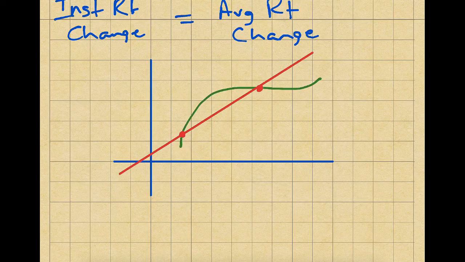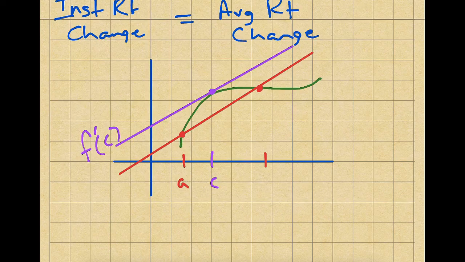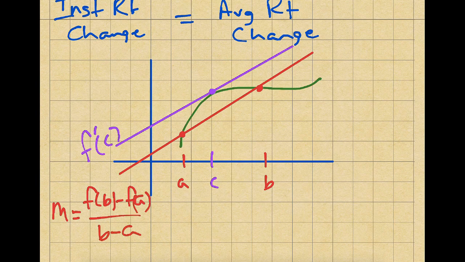There is some point on this graph, touching right there, such that this derivative is equal to, if we call this A and this B, the slope of this red line, f of B minus f of A divided by B minus A. Those two things are equal.